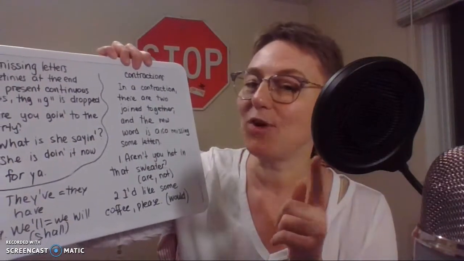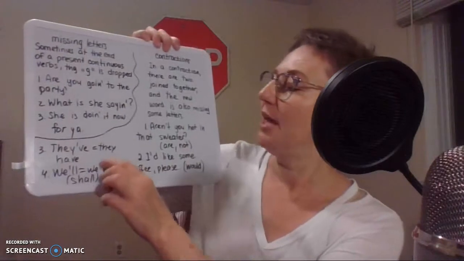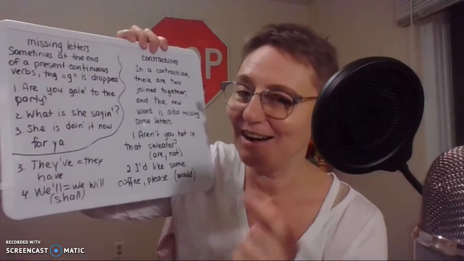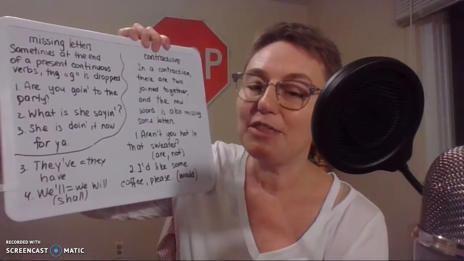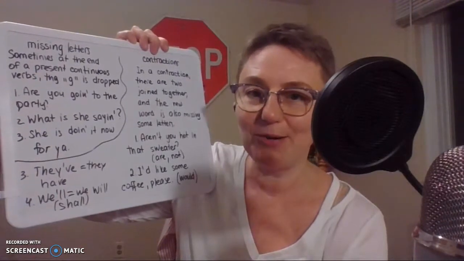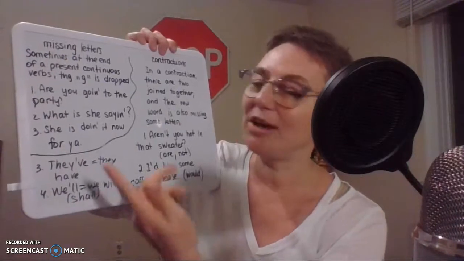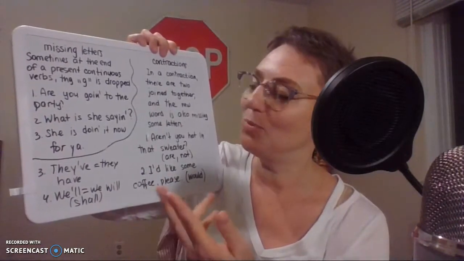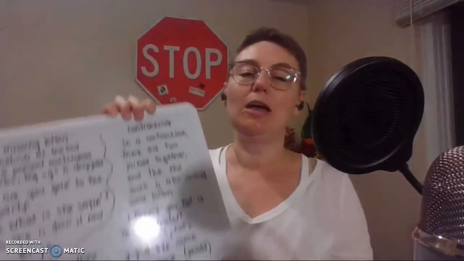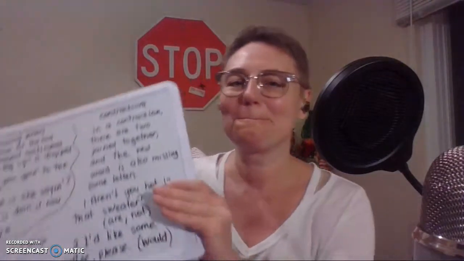Next contraction. They've gone home now, which is really, they have gone home now. So we're using a present perfect form. We've contracted it into one word, they've, instead of two words. Instead of they have, we say they've, okay?